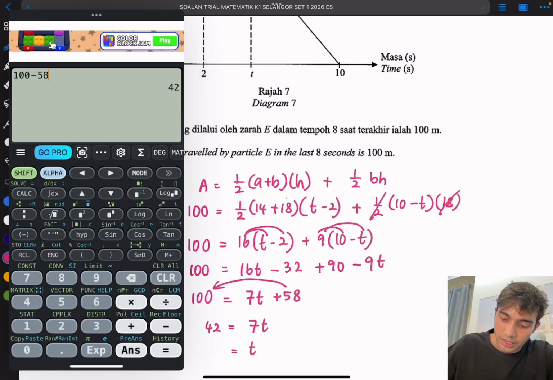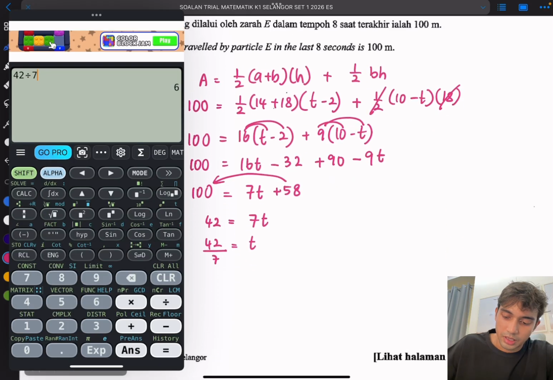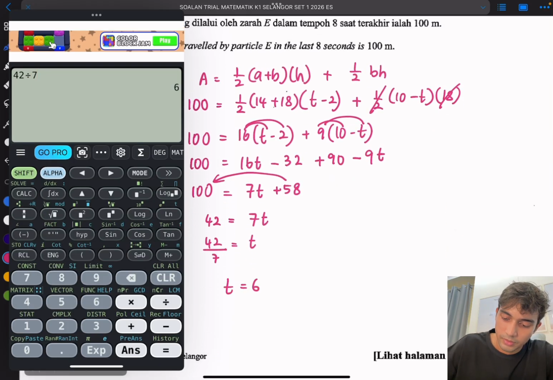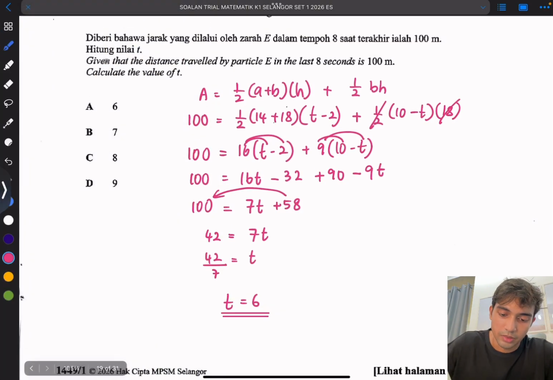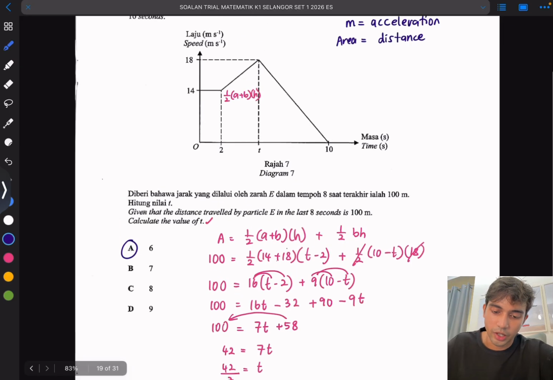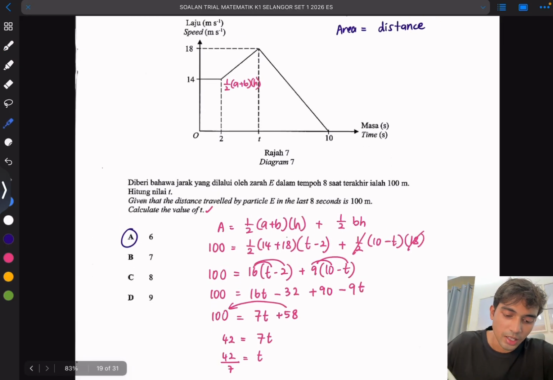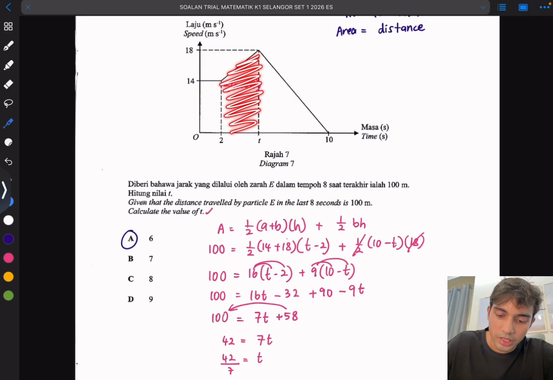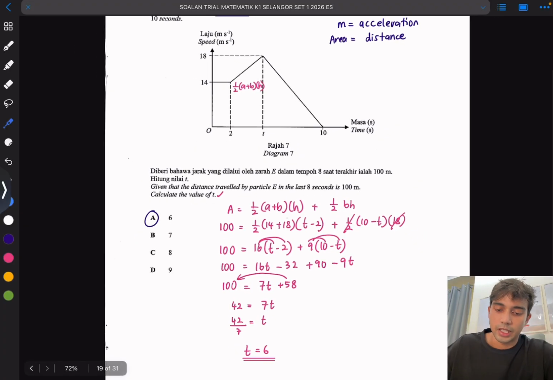So 7 we bring here will become divide. 42 divided by 7 is 6. They want us to find the value of t, so t is 6. Done. This one is quite long to expand, but you have to do it one by one. Okay, so you just find the area. Total area of the last 8 seconds must be 100. Done.